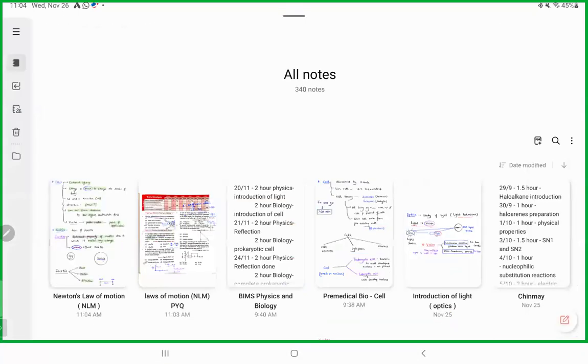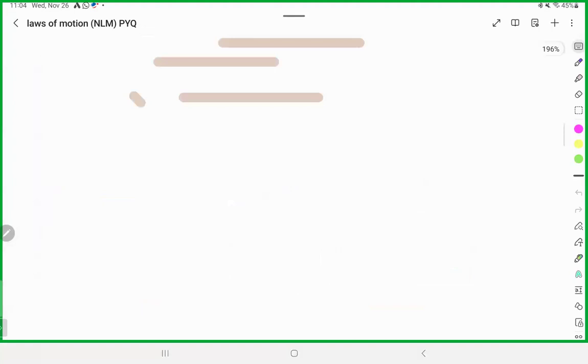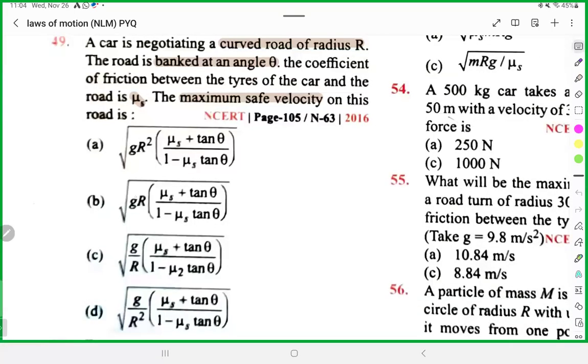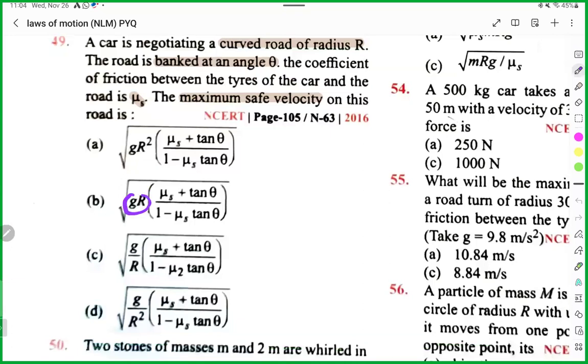Look at this question. Rg, mu plus tan theta, 1 minus mu tan theta. Tell me now, what do you say? It is the ditto same question. Yes or no? Guys, tell me, what do you say?